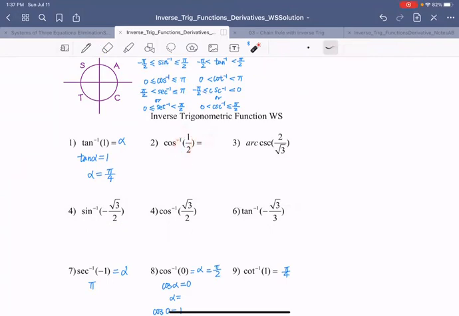So that'd be cosine alpha equals to 1/2, and that would mean alpha would equal to pi over 3. Pi over 3. Okay. One more? And pi over 3 and 5 pi over 3. No. No? No, that's the only one.